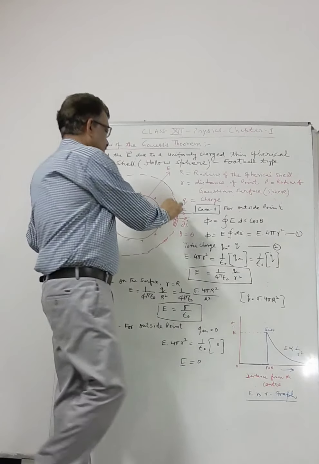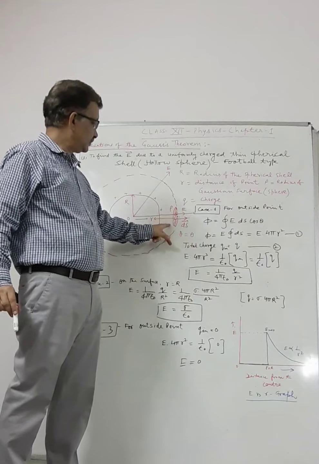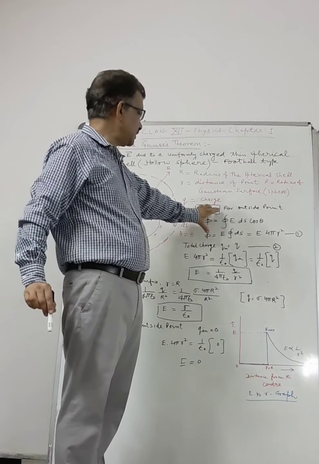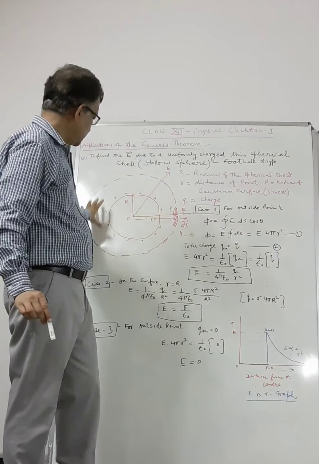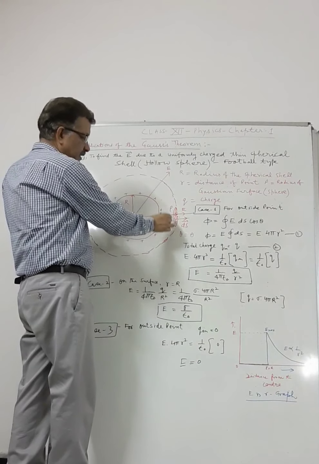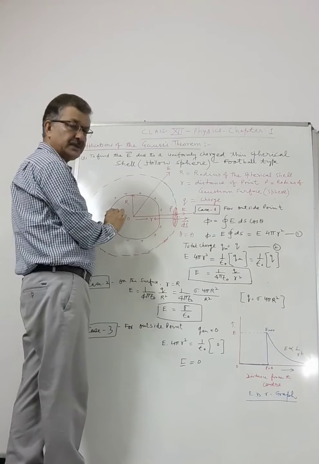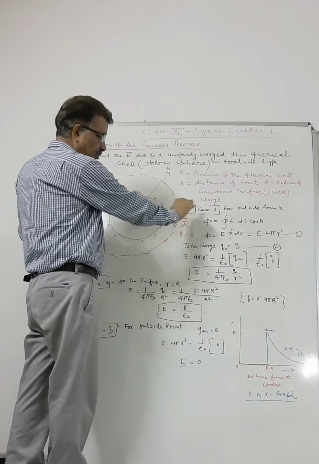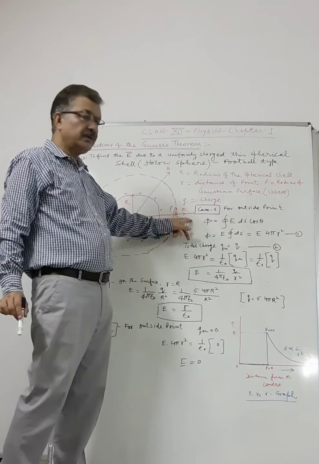Okay. So by symmetry we can see that. Now we are taking the first case, our outside point. Point is outside the spherical shell. So for this, suppose ds is the small area on this Gaussian surface. So the area vector will be in this direction, acting radially outward.